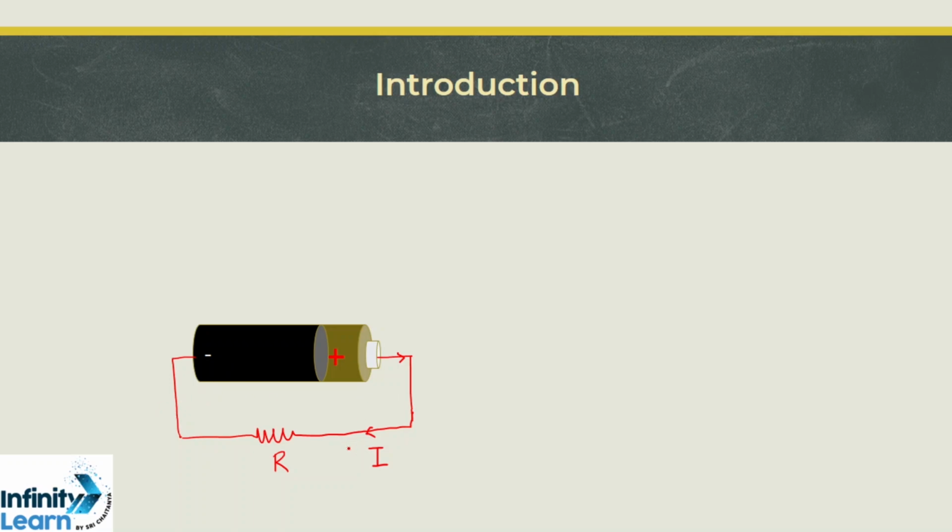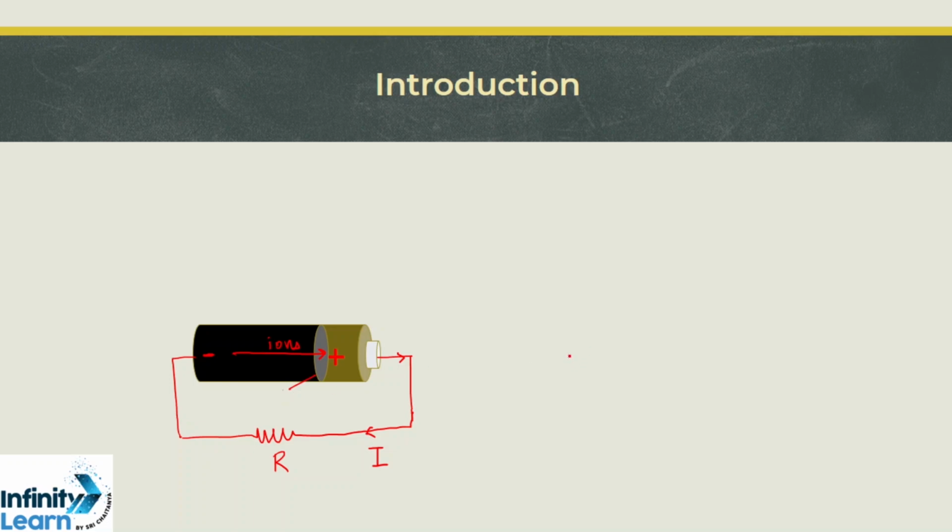Talking about the charges which have reached the negative terminal, these charges will travel from the negative terminal to the positive terminal as ions, and while flowing through the electrolytes present in this cell, they experience resistance, and this resistance is nothing but the internal resistance of the cell.